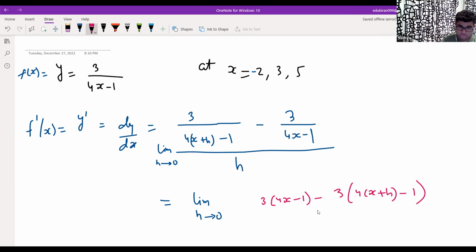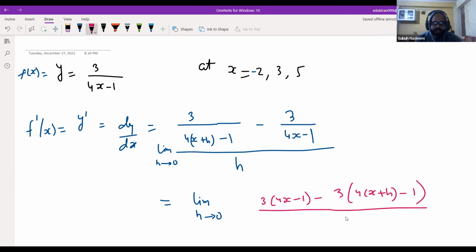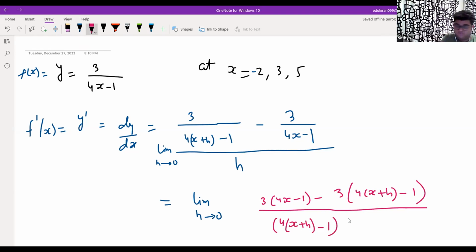Yes, sir. And here you have got 4x plus h minus 1. I wrote it as 4x plus 4h minus 1 into 4x minus 1, and I opened the bracket inside.